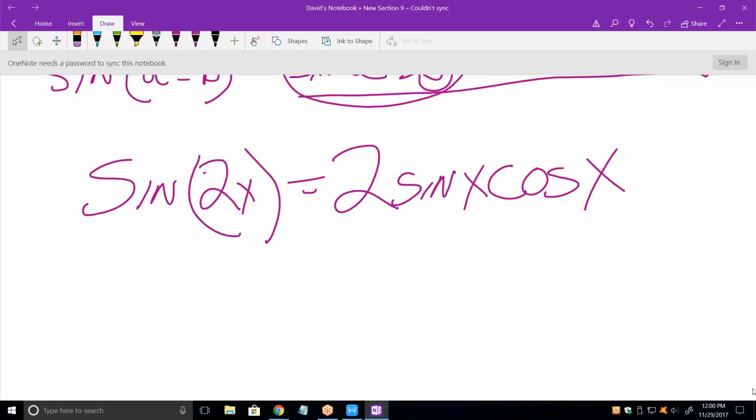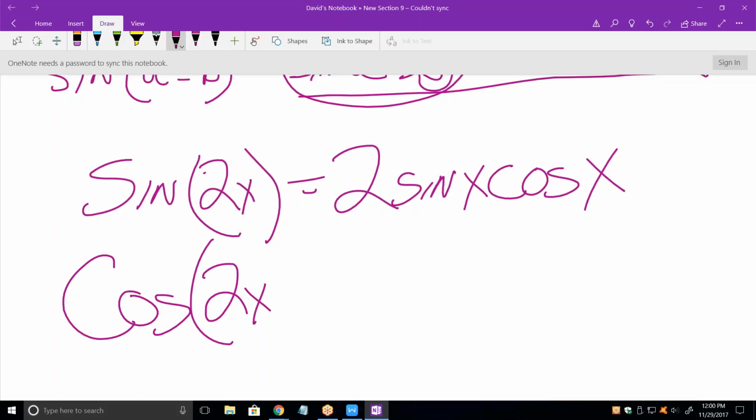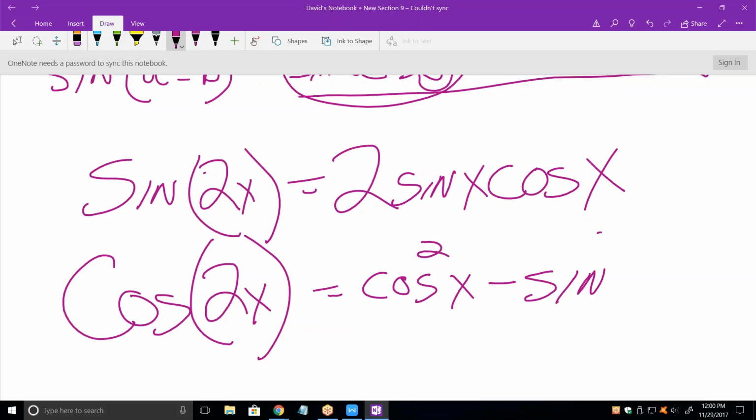The cosine is kind of the tricky one. And there are three things, and there's a reason there are three things. It's difficult to explain the reason until you get a little further into trig.